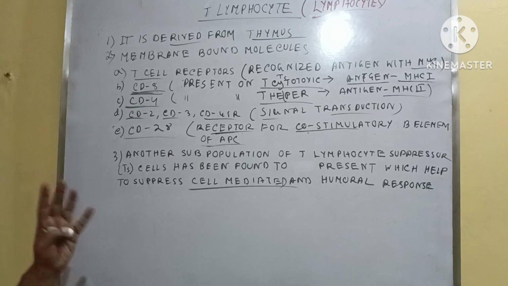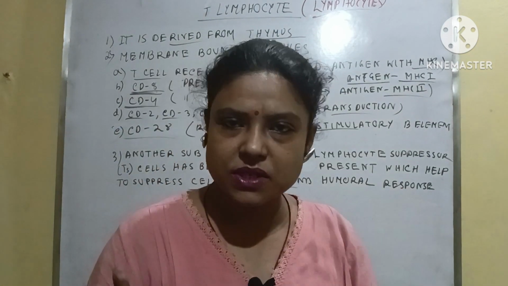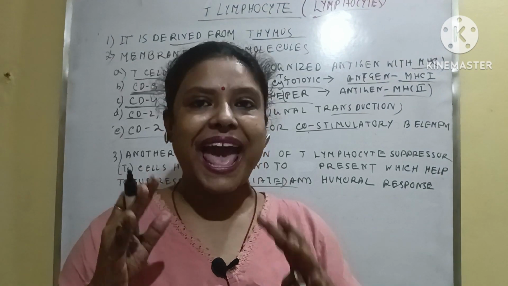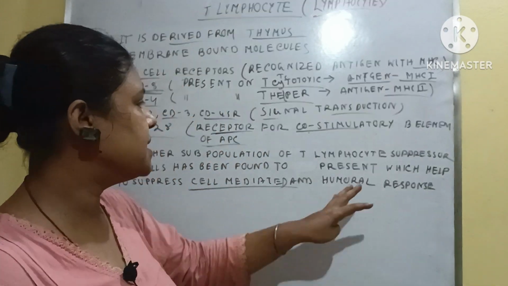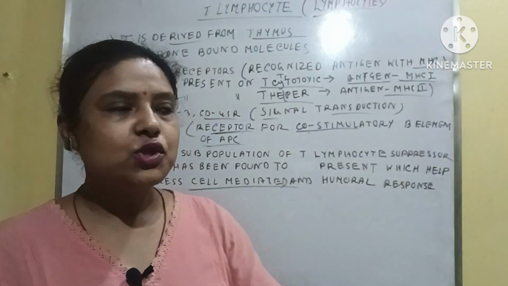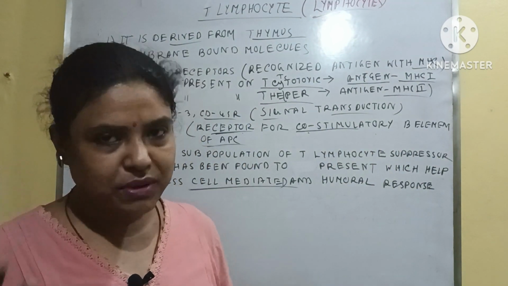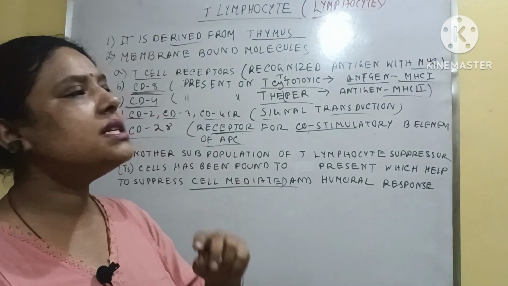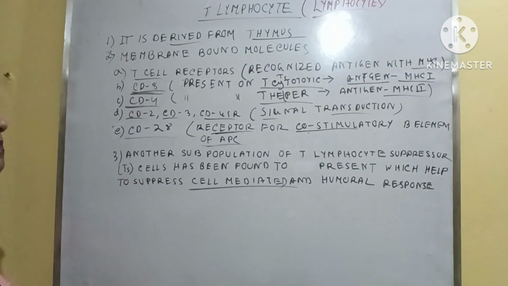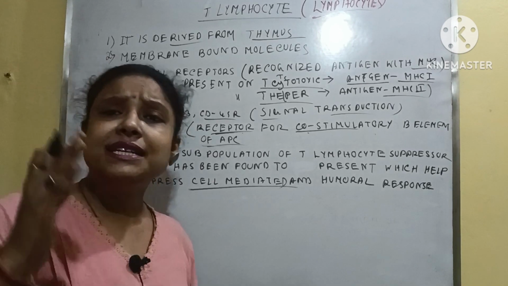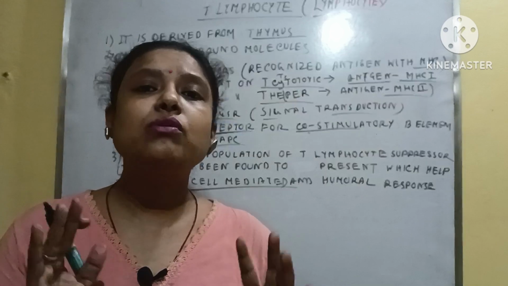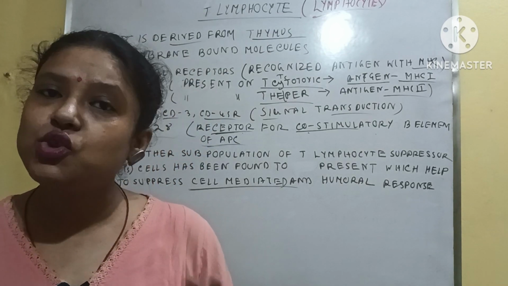So generally there are two types of immune system activity. One is the cell mediated immune system, and the other is the humoral response. The humoral response is done by the B lymphocytes, but the cell mediated immune response is done by the T lymphocytes. But there is a problem. What is the problem? T cells cannot recognize any antigen without the MHC1 or MHC2 complex.